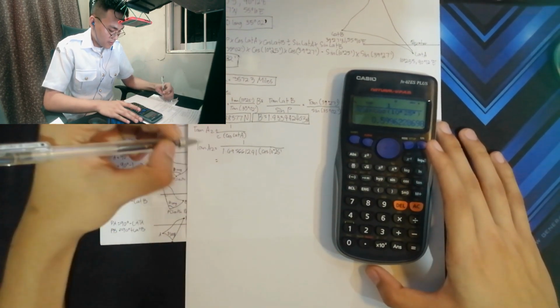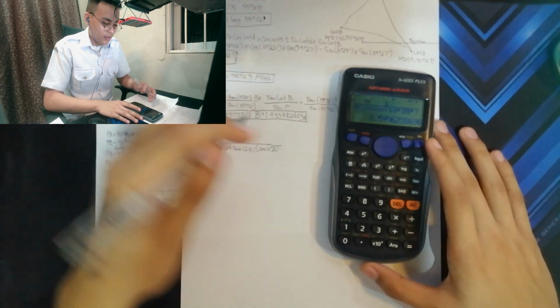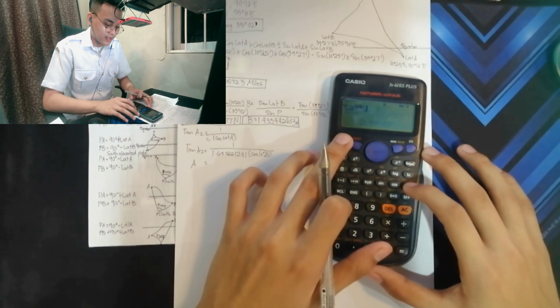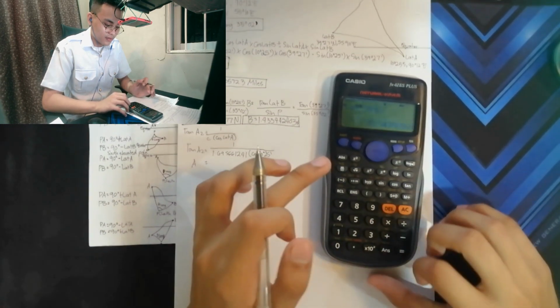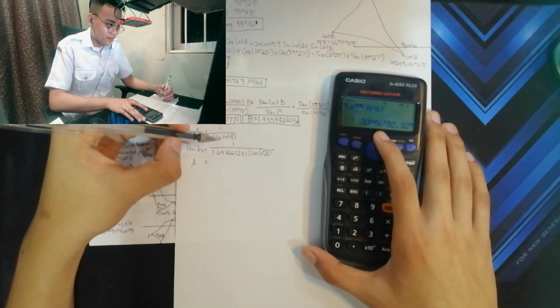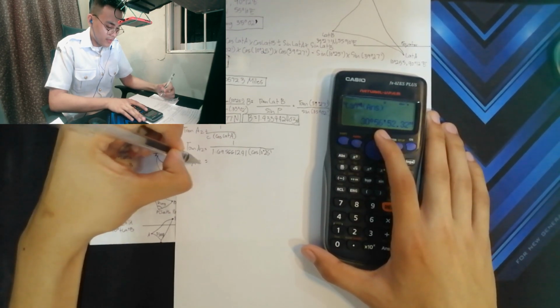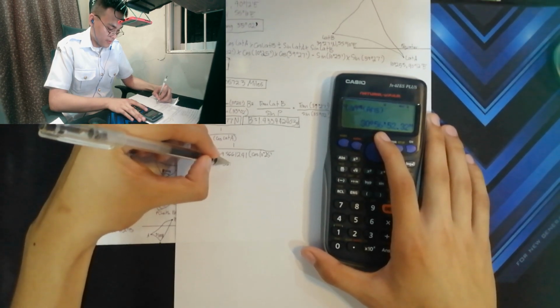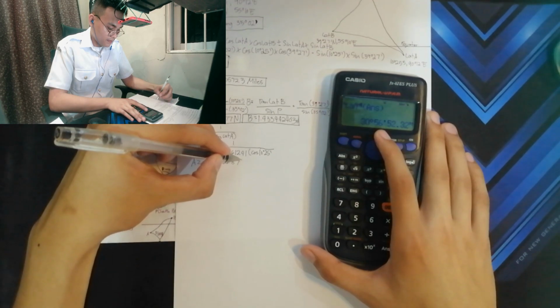Easy. You're still gonna inverse tangent this one. So press inverse tangent answer to get your initial course. Your AZ here would be 30 degrees 56.87 minutes.